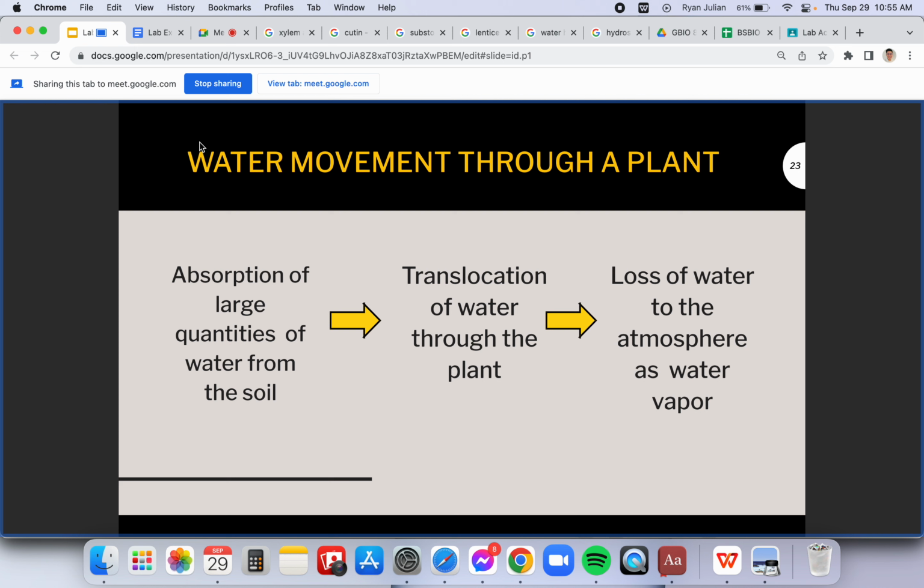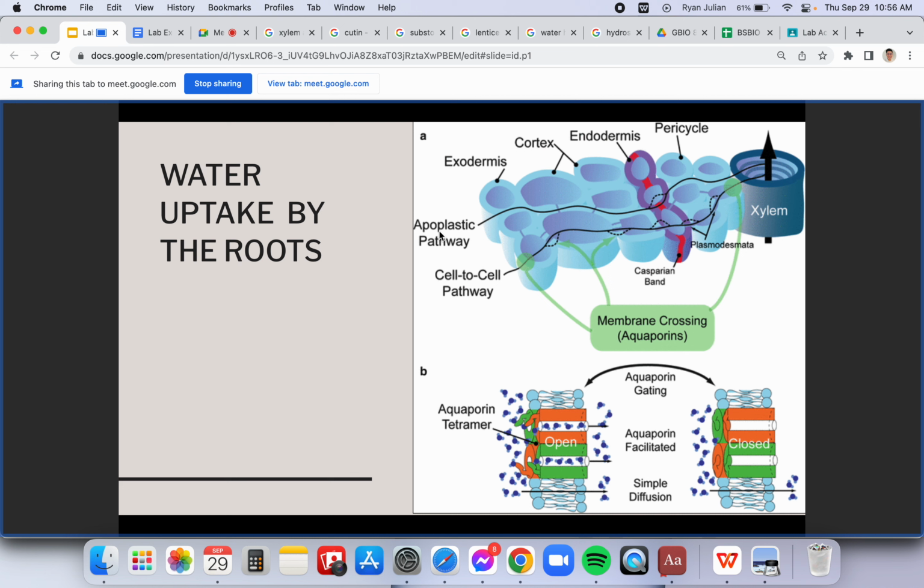Water movement through a plant can be discussed in various steps: absorption of large quantities of water from the soil, translocation of water through the plant, and for the final step, loss of water to the atmosphere as water vapor. For our first topic, let's deal with the water uptake by the roots.